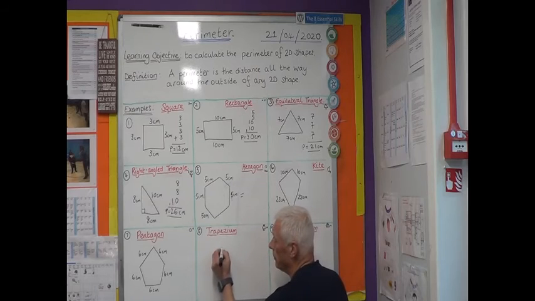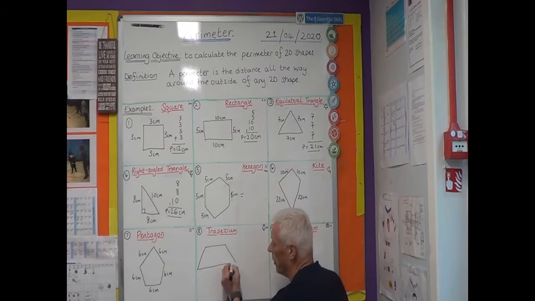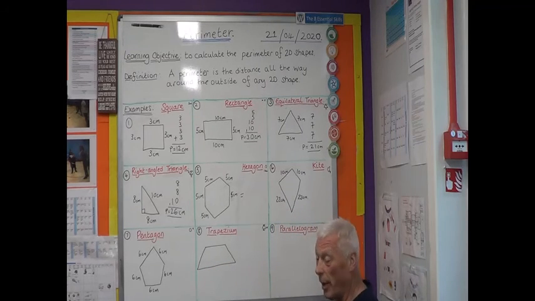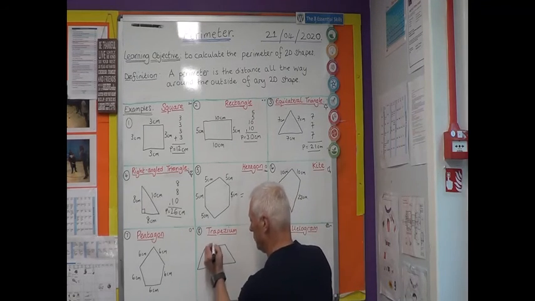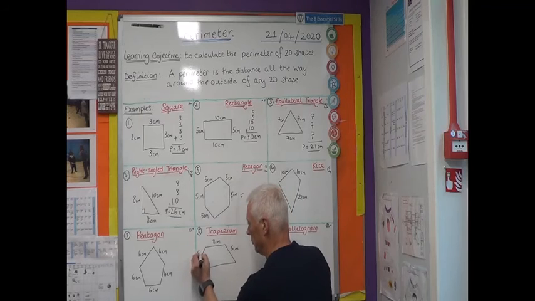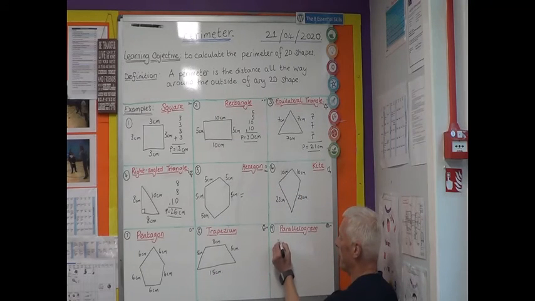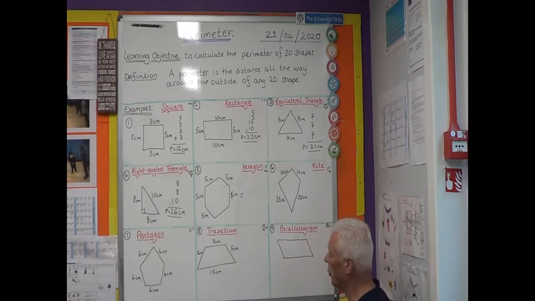A trapezium. These are all the 2D shapes that we've learnt about in the past. And a parallelogram. And we'll make this one a little bit more challenging.